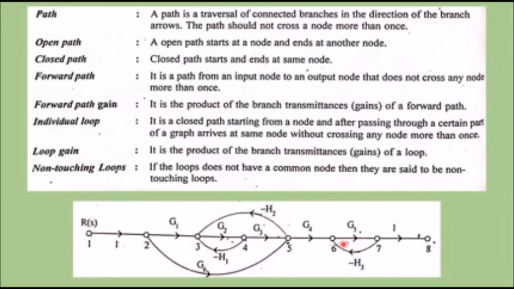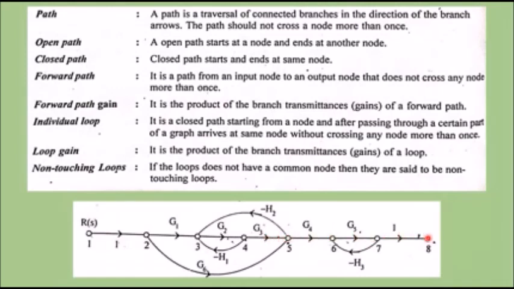Clear? So what is a path? A path is a traversal of connected branches in the direction of the branch arrow. The path should not cross a node more than once. If you start like this, you can go like this, reach here, then come here, then in a straight line you can go there.